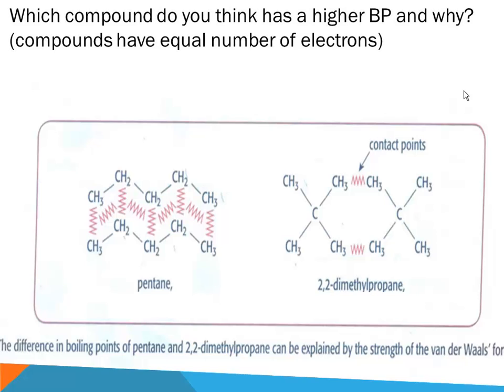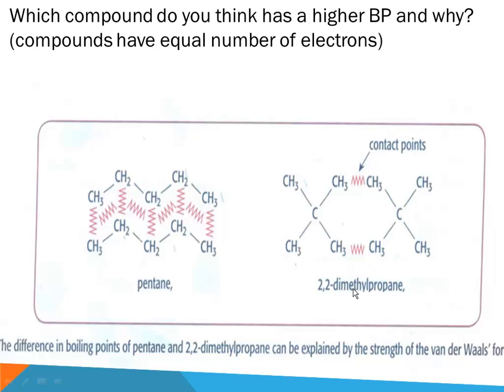Alright, you can see here pentane and 2,2-dimethylpropane. Which compound do you think is going to have a higher boiling point and why, even though they have an equal number of electrons? The carbons in dimethylpropane are more clumped together. Therefore, there's less contact between the carbons of the molecules.